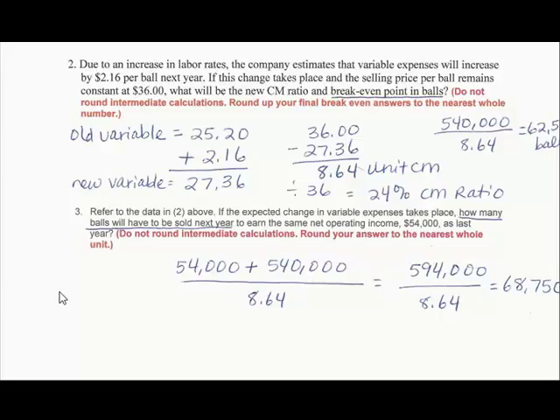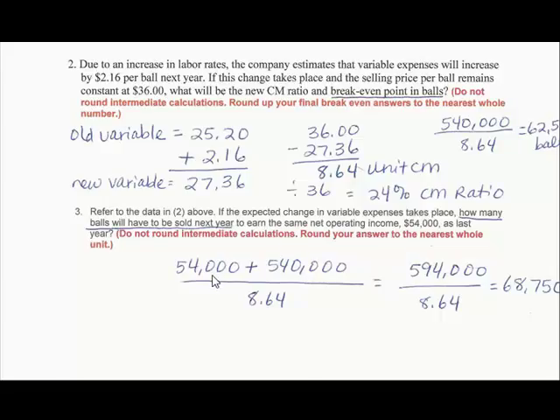Down here in question 3, I'm asked to refer back to the data in number 2. So in other words, I'm going to use these new variable expenses per unit to answer this question. How many balls will have to be sold next year to earn the same net operating income, 54,000, as last year?